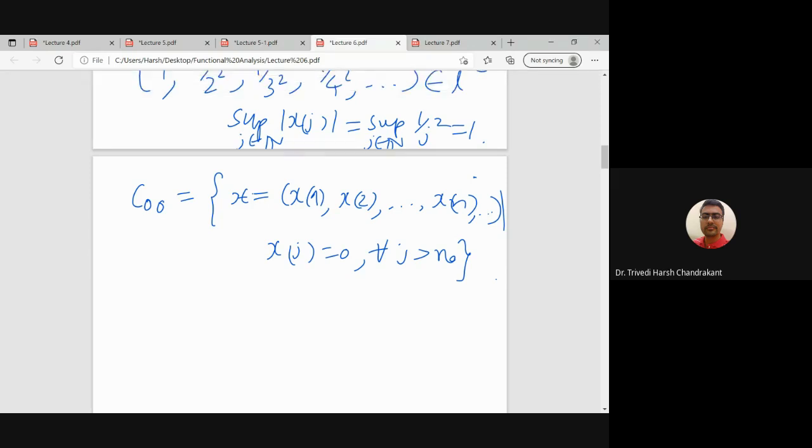So this sequence contains only finitely many non-zero terms.